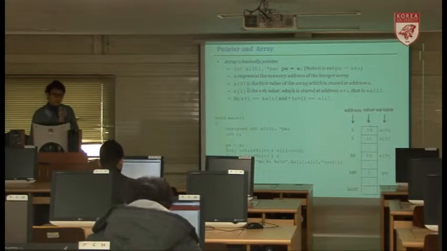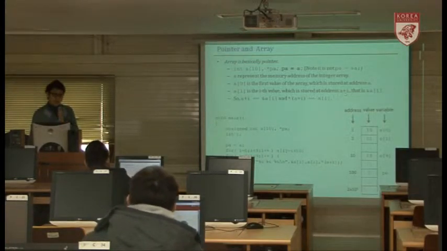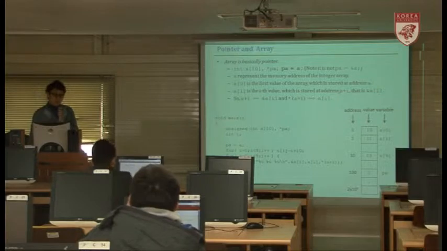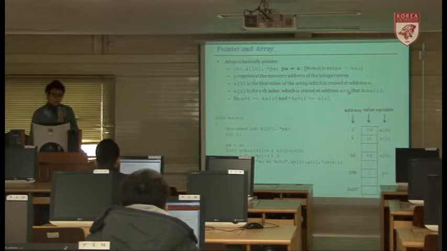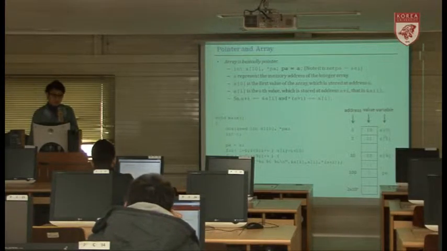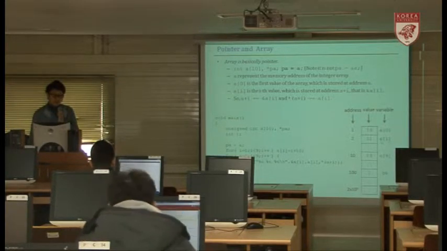Then let's think about A[i]. A[i] is the ith value of the array, or a value that is stored at address A plus i, because A represents the memory address. So A plus 0 is the memory address of A[0], and A plus 1 is the memory address of A[1].